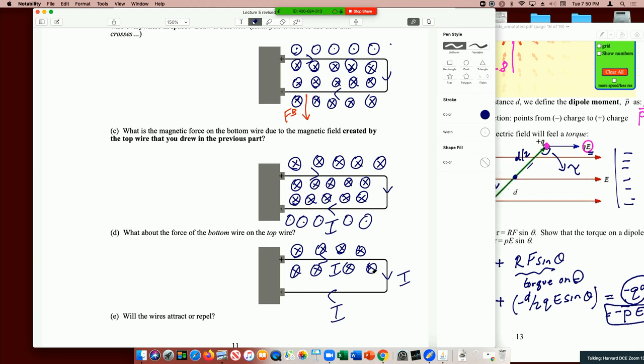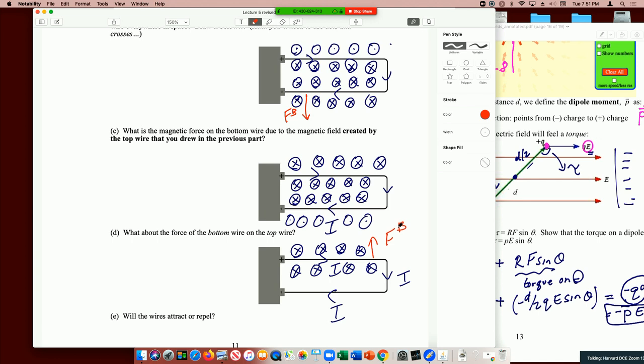Okay, so I've got my fingers pointing in the direction of the current, right? I curl my fingers towards the magnetic field, right? And so where would the force be acting? Up, right? So the force on the top wire is going to be up. Does that make sense? So current, curl them towards, into the board for the magnetic field. My thumb is the magnetic force. So acting on the top wire, there's an upward force.